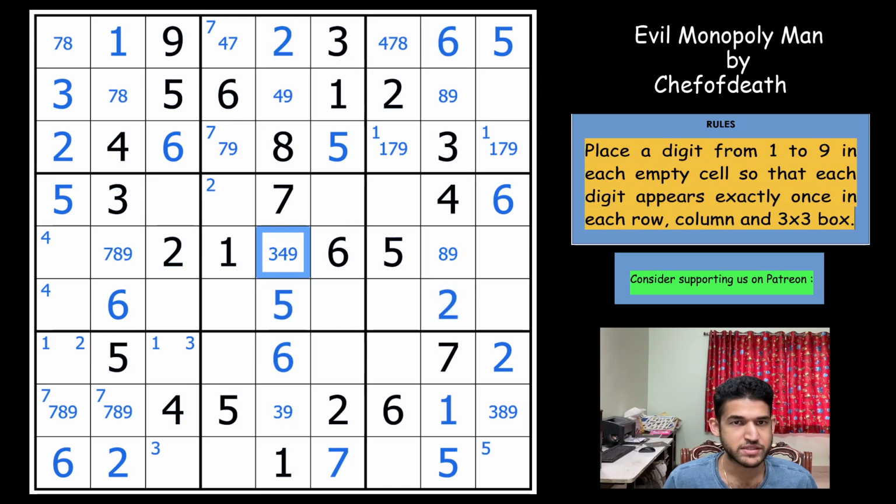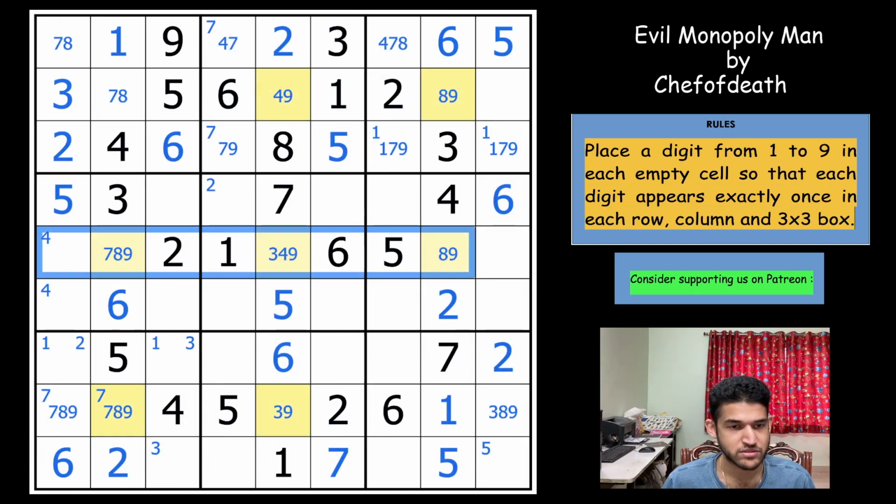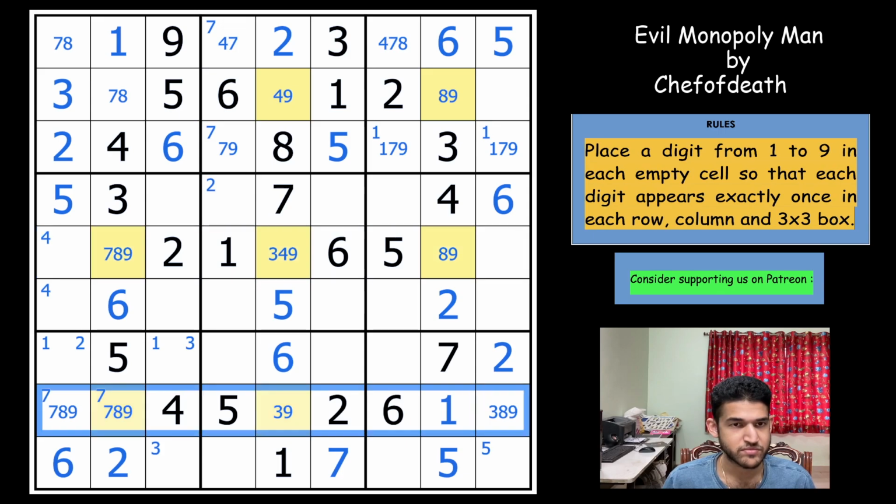So if you look at these cells, I suspect there is a swordfish going on here. If you look at columns 2, 5 and 8 and simultaneously rows 2, 5 and 8, you'll see that the 9s are restricted only to the yellow cells, right?